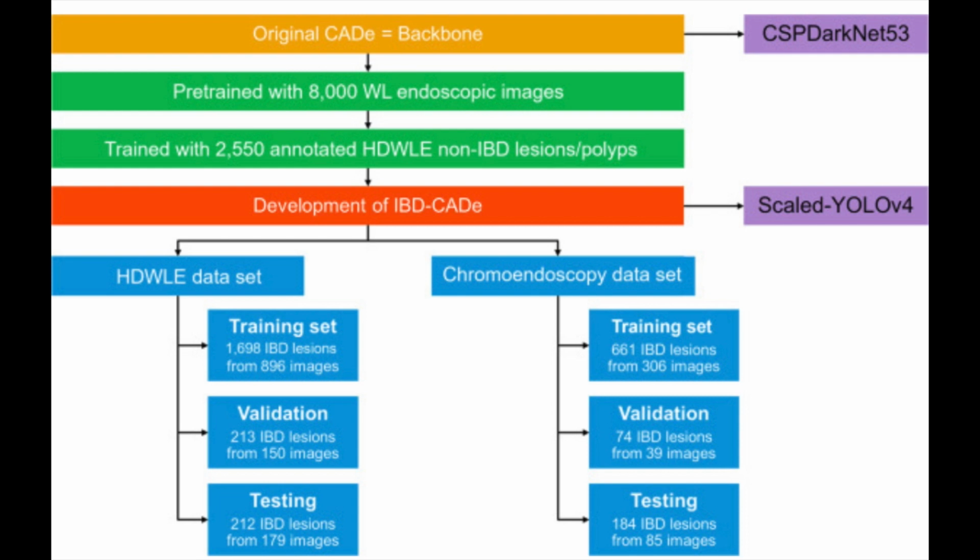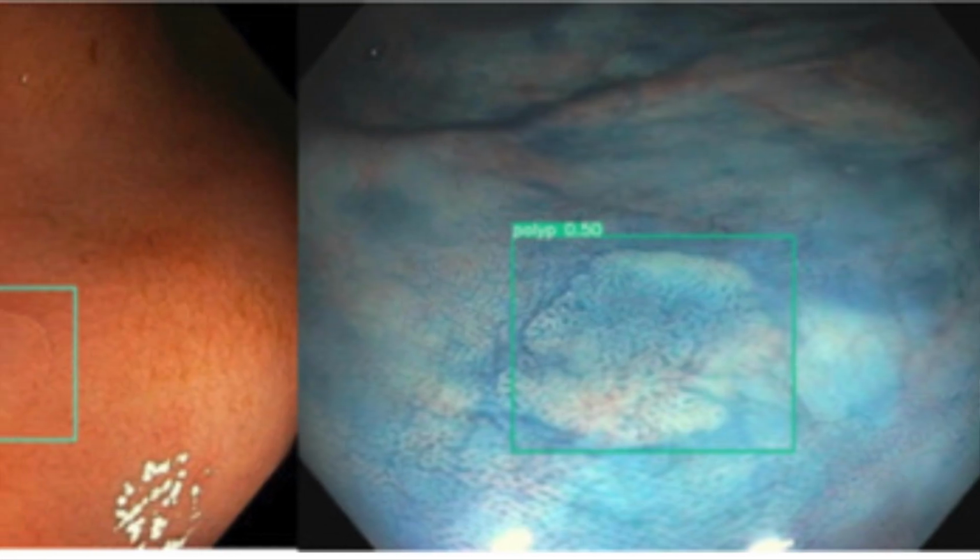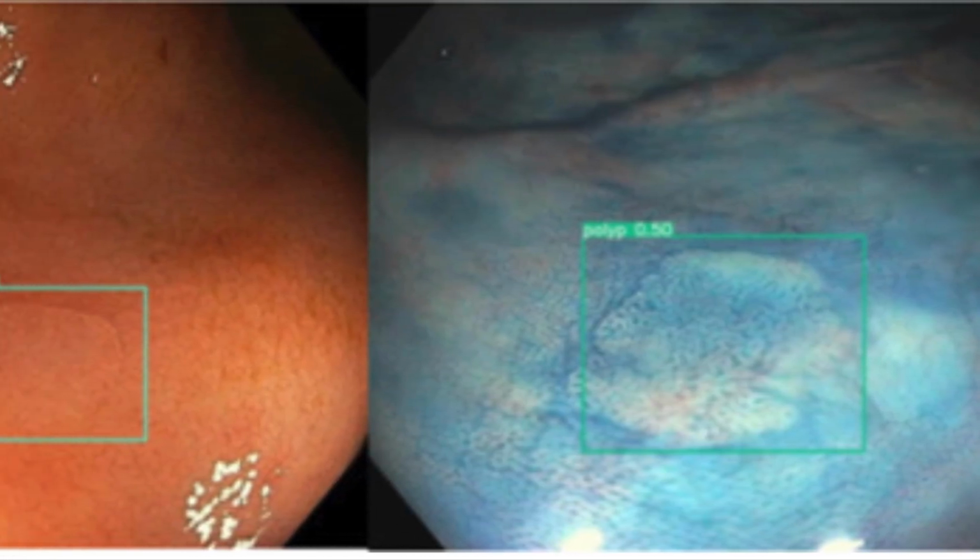Because I do a lot of these procedures, it was really interesting to me how the field of CAD-E, or computer-aided detection, was exploding in the non-IBD sphere. But in IBD, these lesions can be quite hard to differentiate from benign lesions, and also sometimes really hard to identify because the morphology is very different from others.